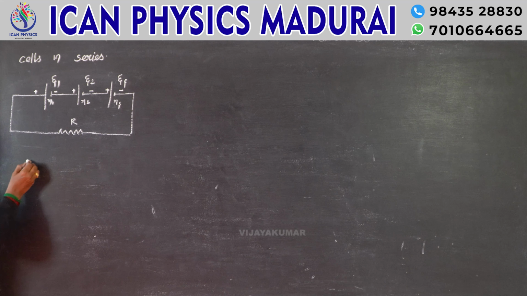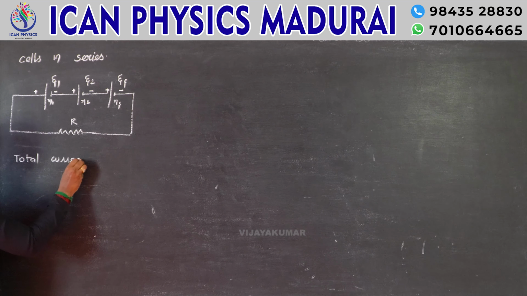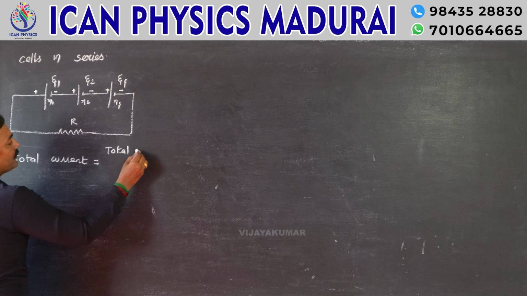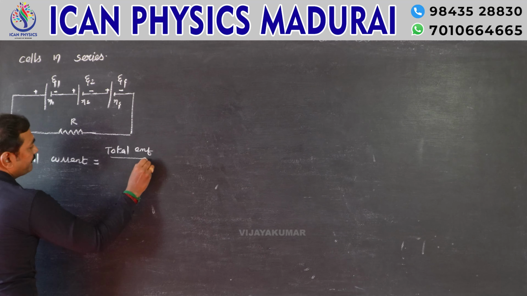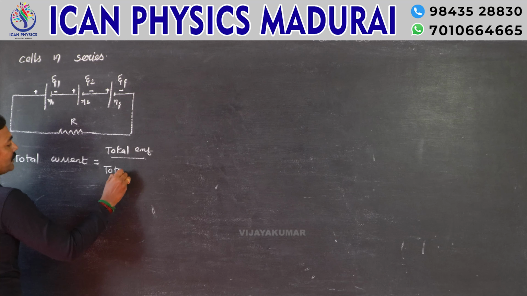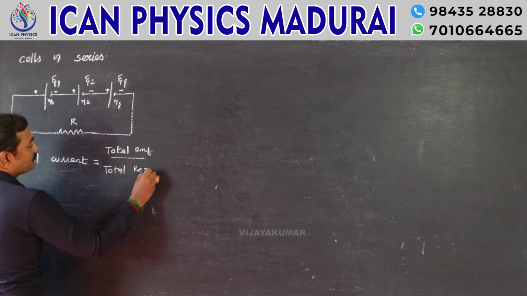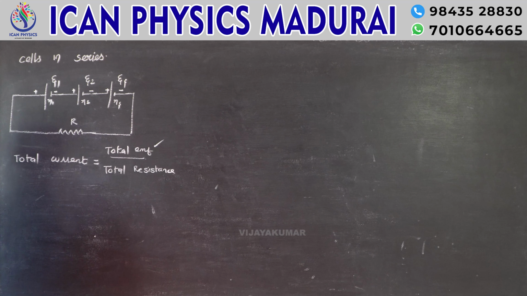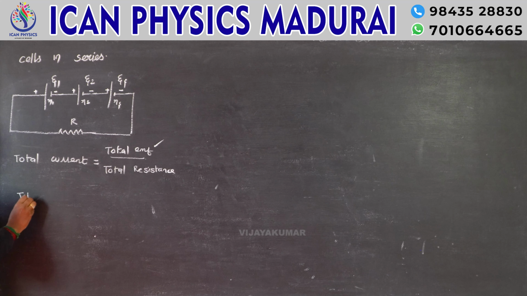From that we can calculate the total current, which equals total EMF divided by total resistance. First we have to calculate the total EMF.